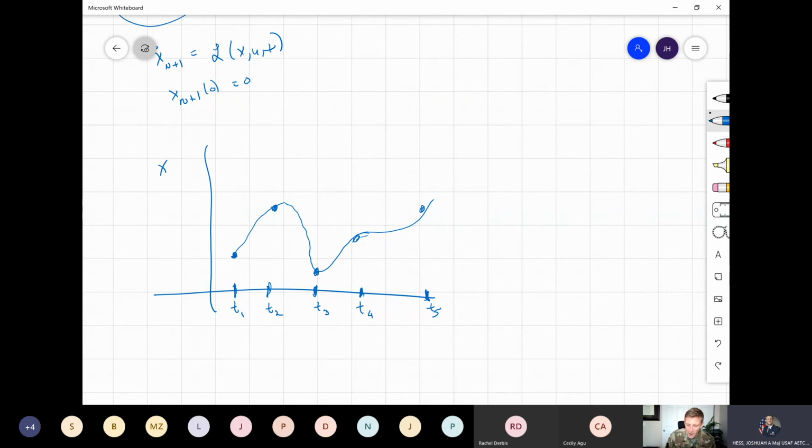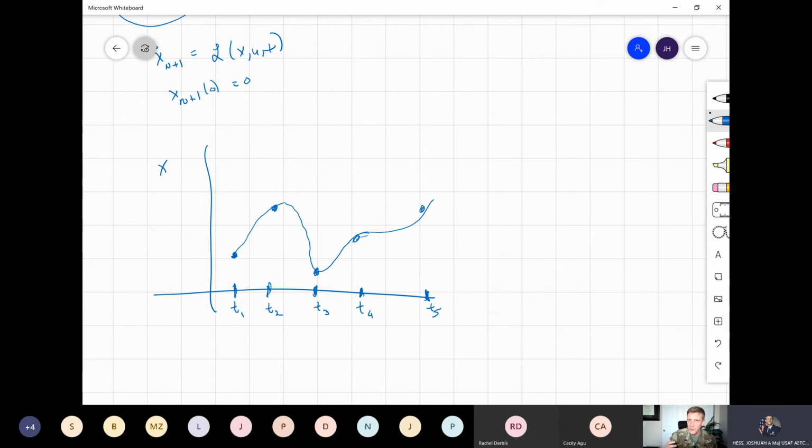So now I have that, and I have my control also at those points. And then the question is, how do I interpolate between those? In these methods, if you look at Matthew Kelly's paper on direct collocation, that's going to be using cubic splines or B-splines or some type of spline fit.